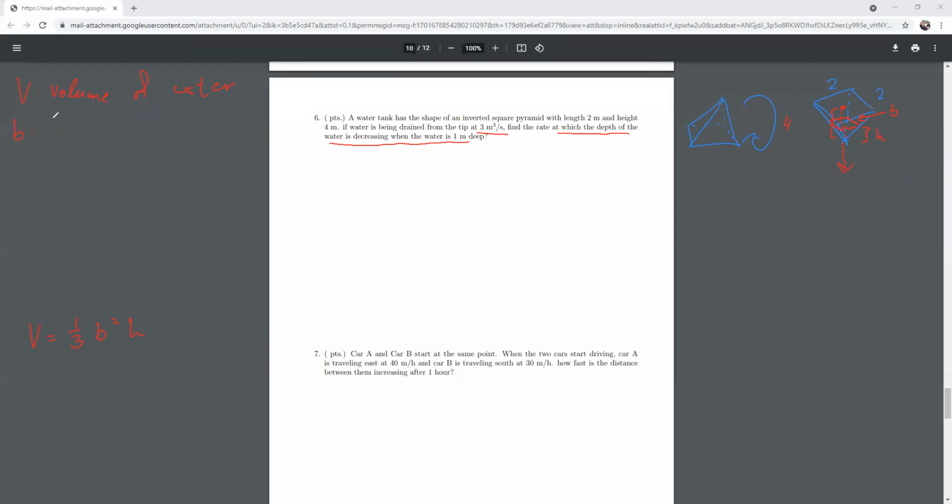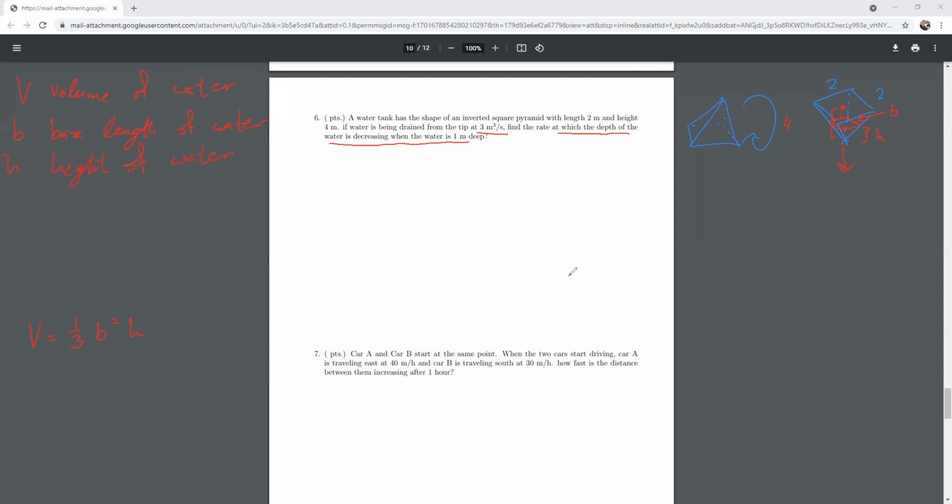Okay, so B is going to be the base length of water, I'll just say. And H is going to be height of water. So that I think is all the variables we need.